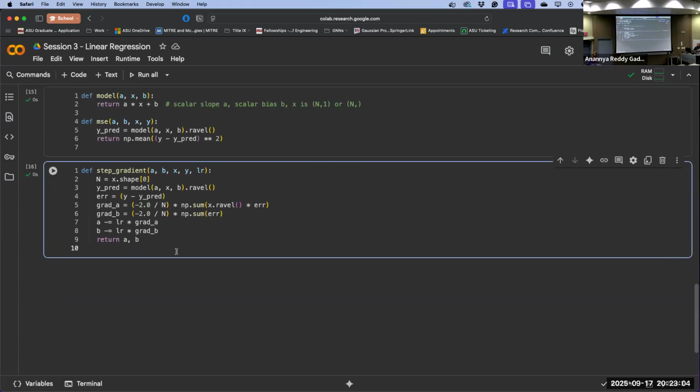It explains how you take that one step, and that one step is nothing but the gradient of the loss function, which we have implemented here. Once we do that, we want to get the values of the weights, the W and the B, from the equation of the line, so that is why we are returning A and B.